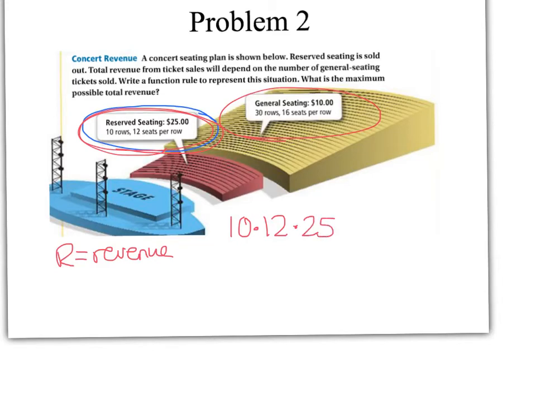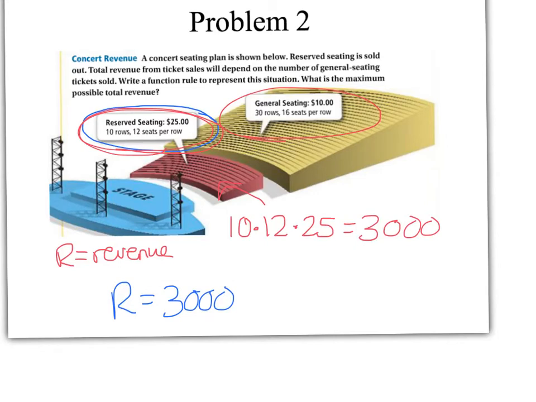So they've already made money on this whole entire section. 10 times 12 times 25 is 3,000. Okay, so as far as their revenue goes, they've already made $3,000 because that whole entire section is filled out. All 10 rows, all 12 seats in each row, and then each seat sold for $25.